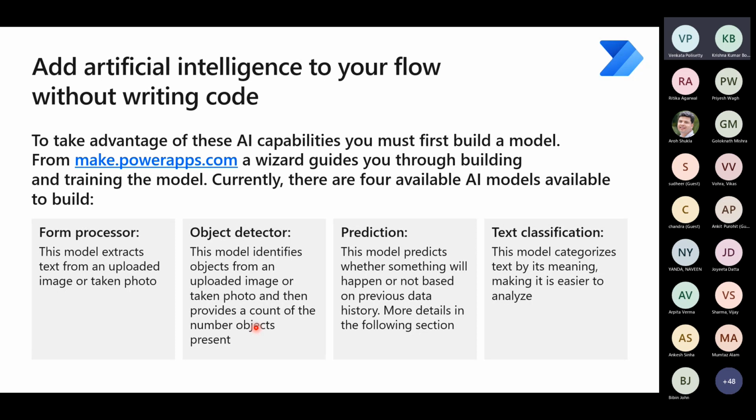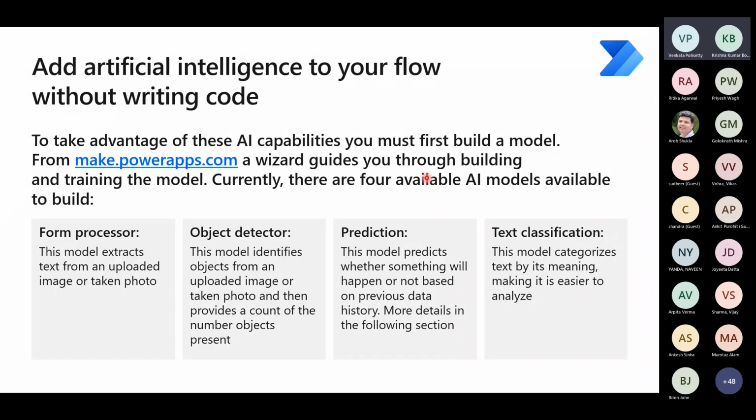In the same way, for flows as well, we can easily add artificial intelligence to our flow without writing any code. The main thing to have AI capabilities is that first you have to build a model, which you will hear about in detail from our next speakers in the coming sessions. But at this time, think that Power Automate or cloud flows can also leverage artificial intelligence by using the models.